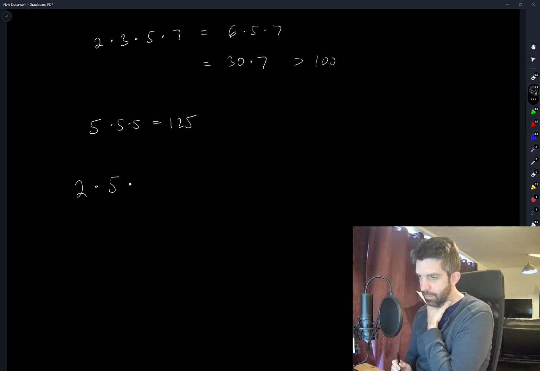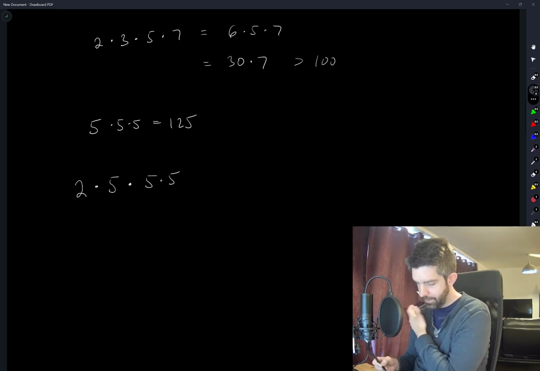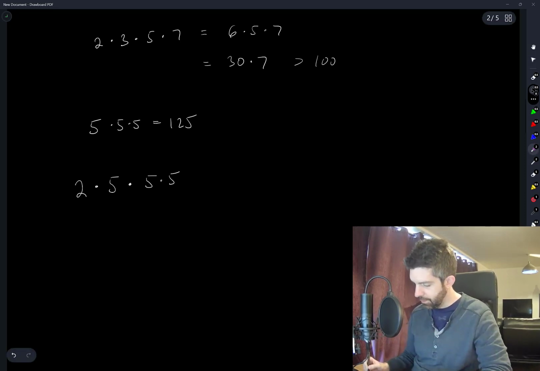I need to fit 2 more numbers in here, and they have to be greater than or equal to 5. But if I put a 5 and a 5, that's greater than 100.